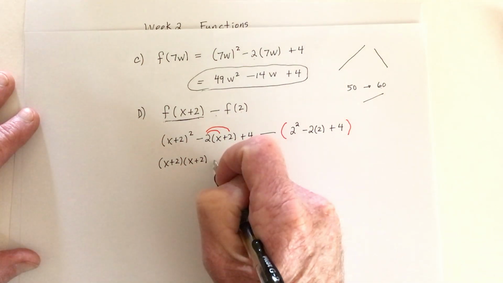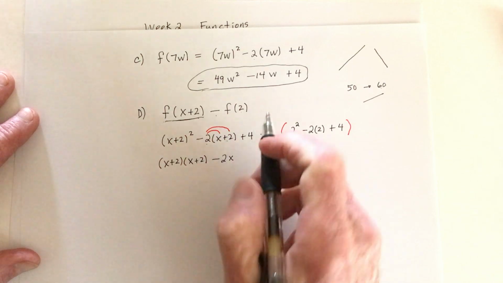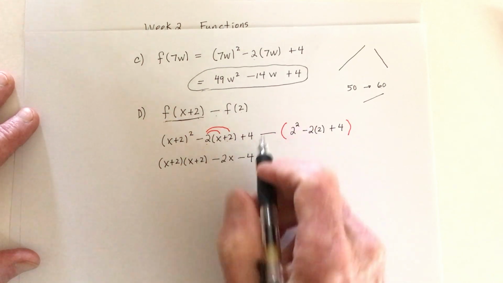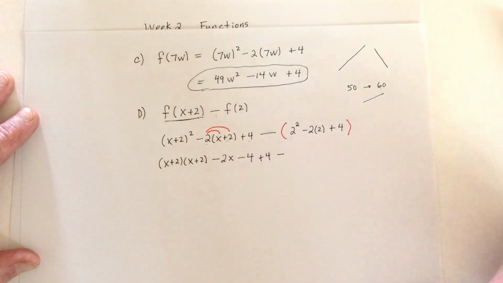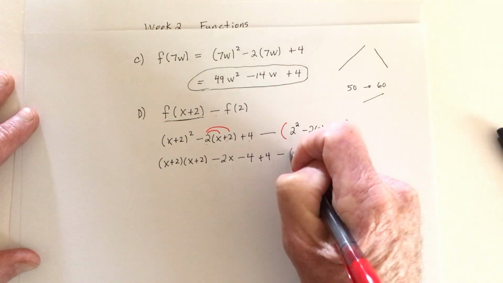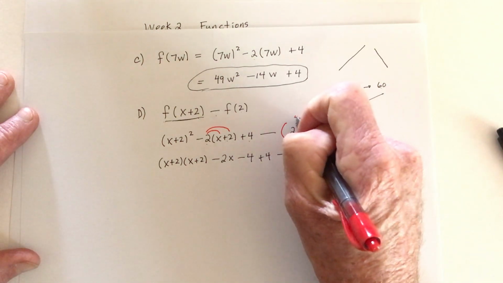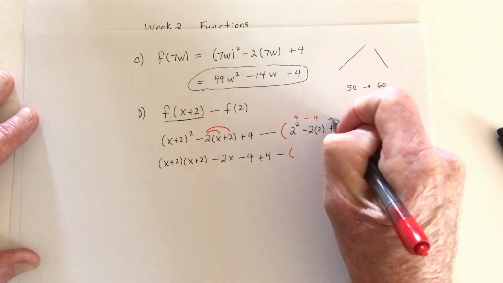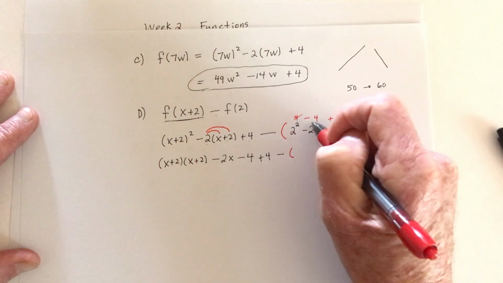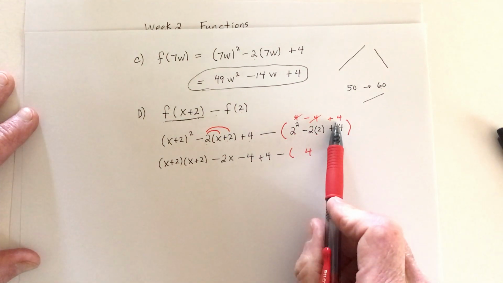So that means there's going to be negative 2x, and then negative 2 times 2 is negative 4. Then copy down this plus 4, and then minus, and what's inside the red parentheses? Well, this number would be 4 minus, this number would be 4 plus 4. So these cancel, and we just get a 4 from that 4 right there being left over.